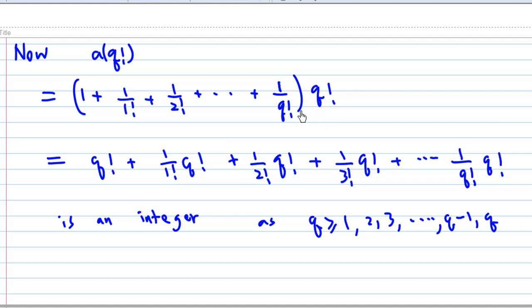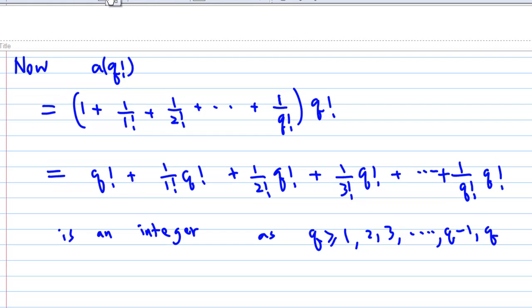By using the distributive law, I have q factorial plus q factorial over 1 factorial plus q factorial over 2 factorial plus q factorial over 3 factorial and so on until the last term, which is q factorial over q factorial. Now this number a times q factorial is an integer. Why?